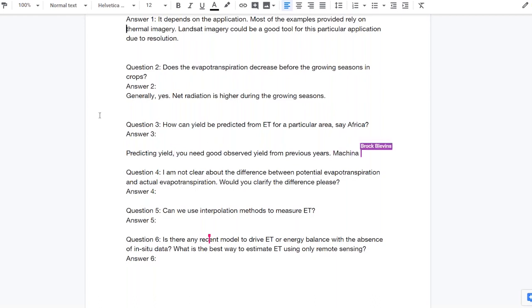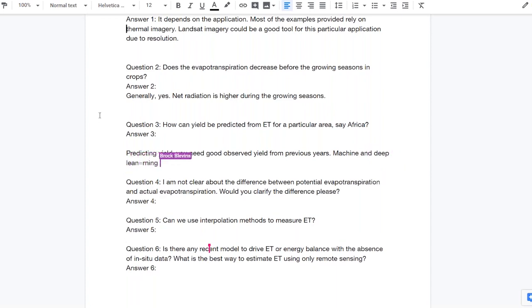There are a number of people in the community who are doing that. It's definitely done more on a local or regional scale, though there are people doing continental scale yield predictions. But it really is predicated on having good training data to build a method or tool to predict yield.